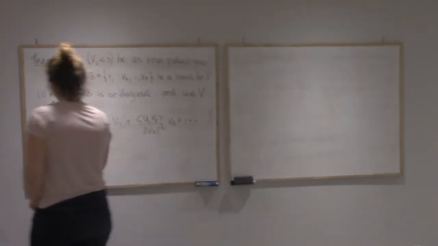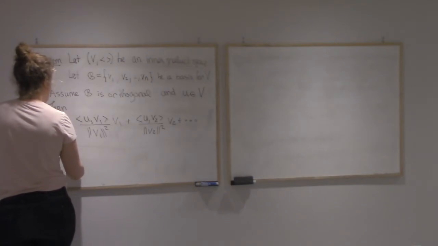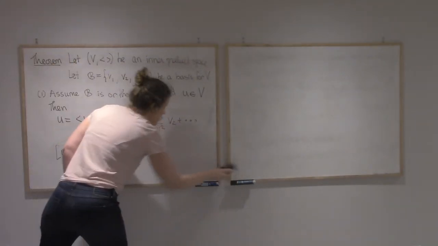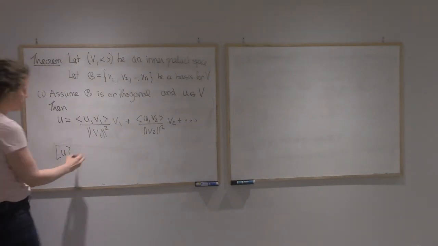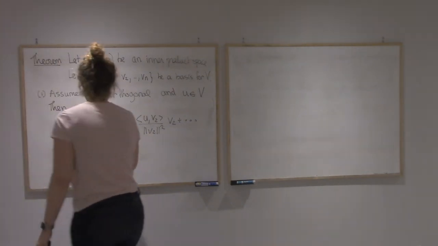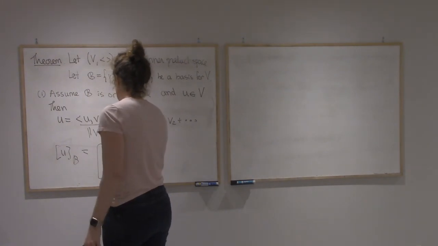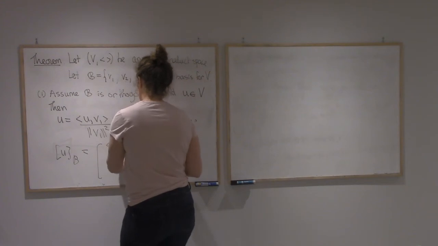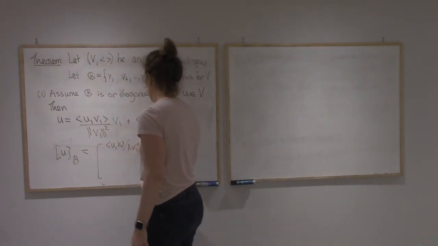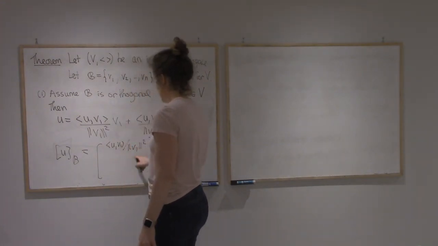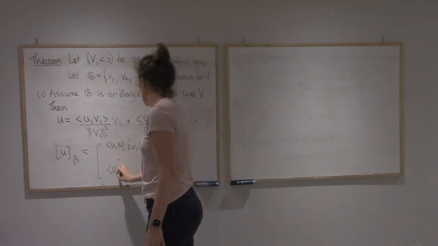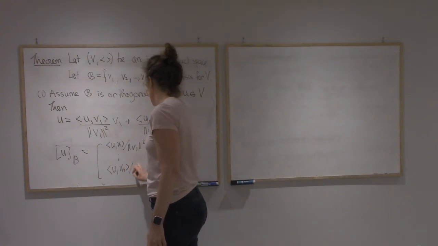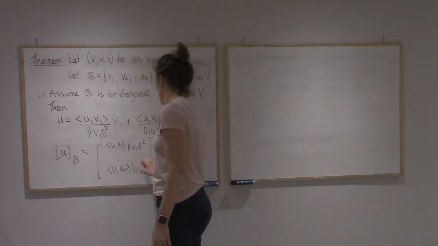And so in particular, the coordinate vector of U in B would be just these values here: U dot Vn over the length of Vn squared.